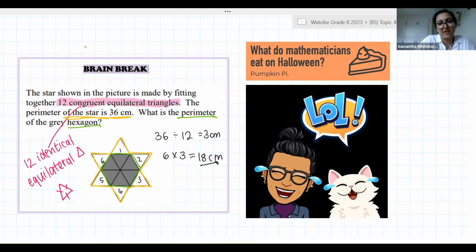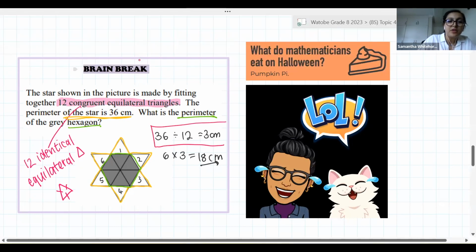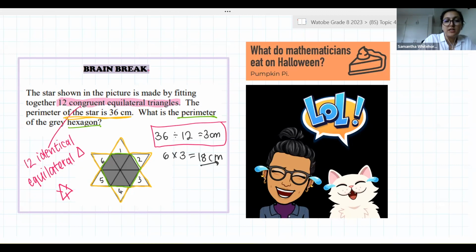So guys, there you have it, 18 centimeters, just so we're all clear on what we're doing in this first step over here. So what Deborah said was the fact that if I look at the stars making up the yellow perimeter, I've got 12 equal lengths because my triangles are making up the star.